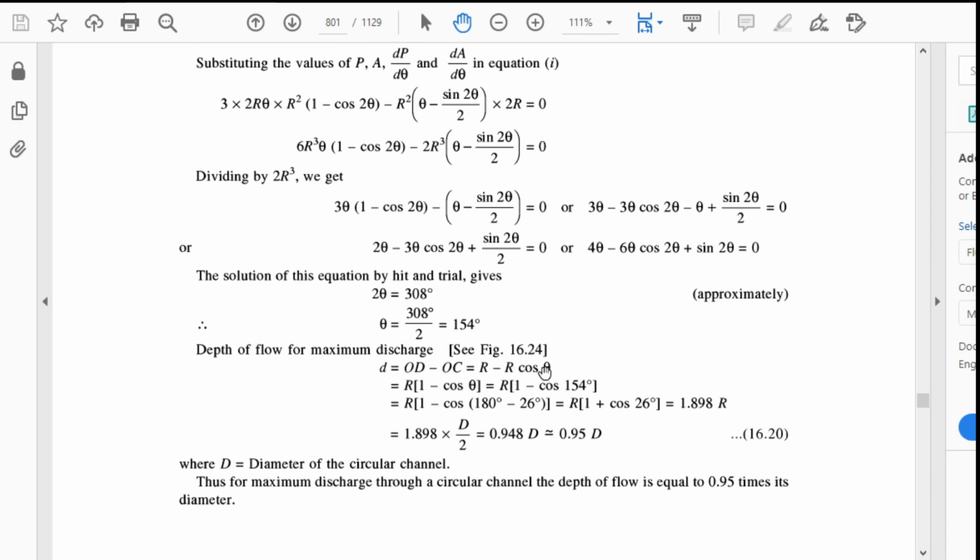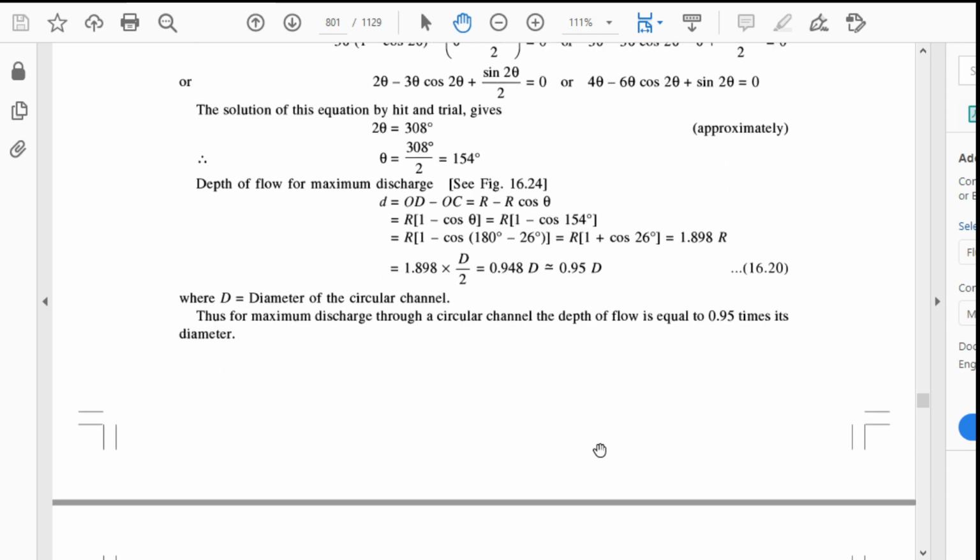Here substitute the value of theta, and you will get the depth of flow for maximum discharge as approximately equal to 0.95 times the diameter of the circular channel. Okay, for the maximum discharge through a circular channel, the depth of flow is equal to 0.95 times its diameter.